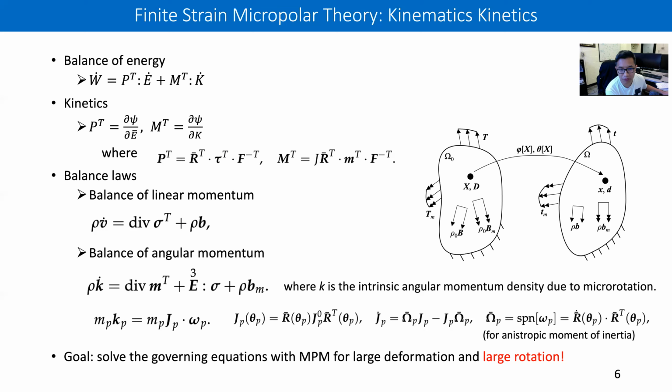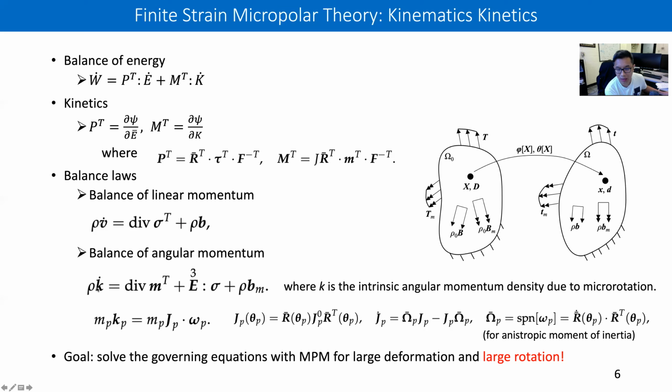Due to the microrotations, this second-order tensor also needs to rotate accordingly in order to properly capture that angular momentum.